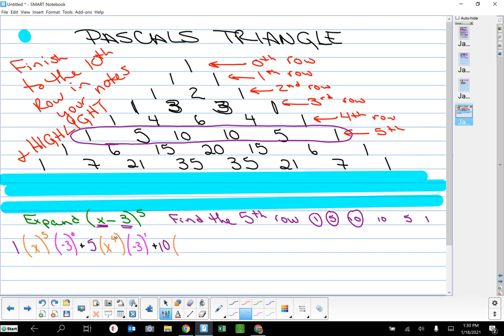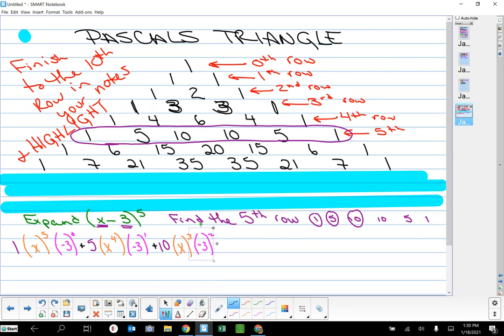My x drops a power. Now you have to be careful. If I had a coefficient on my x, like a 2, I should probably write this with parentheses, just to be more careful. And then my y goes up a power, -3 squared.